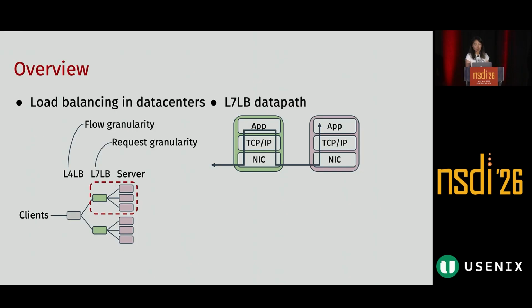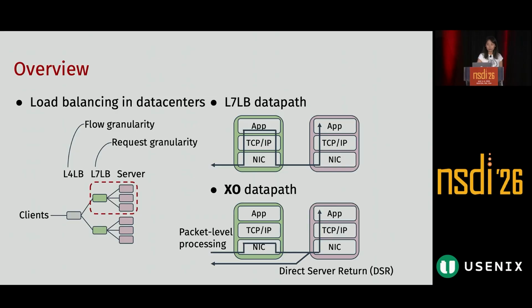And its data path is complex. Like what is shown in the figure, packets always go up and down in the network stack, crossing the kernel and user space boundaries multiple times.